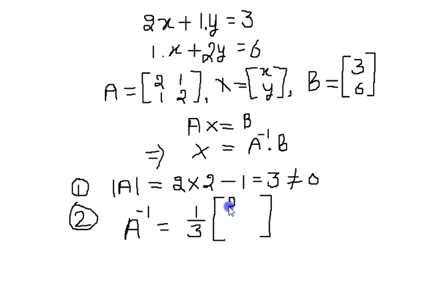Luckily the elements of the principal diagonal are the same, so there will be no change. So I'll write 2 and 2 first, and then the elements of the other diagonal we are going to multiply with minus. So plus 1 will become minus 1, and here also plus 1 will become minus 1. So this is the inverse.